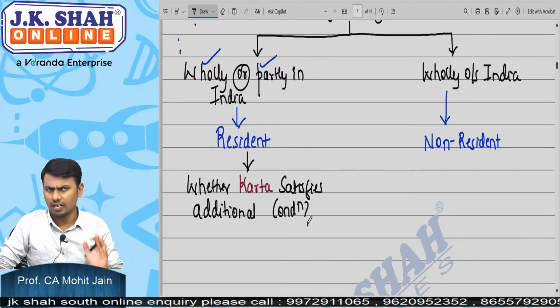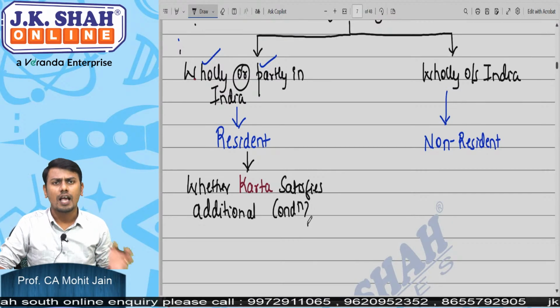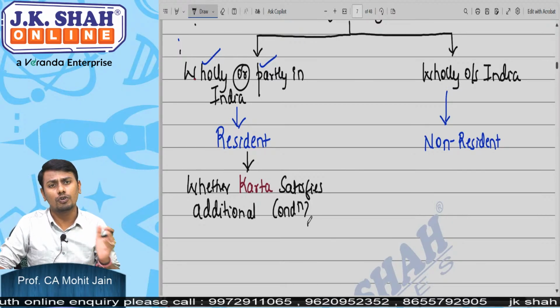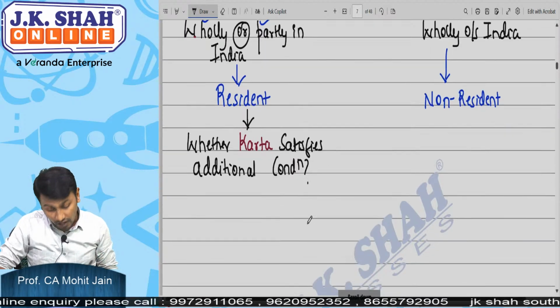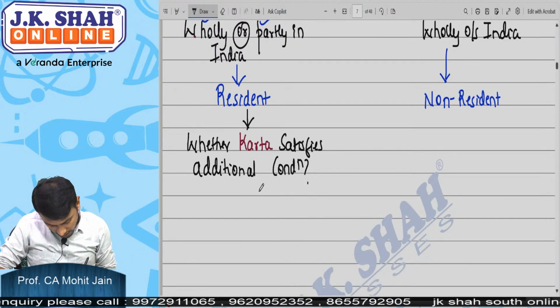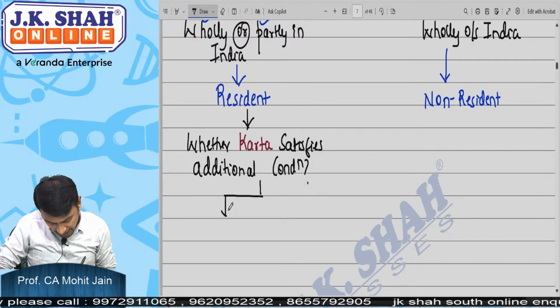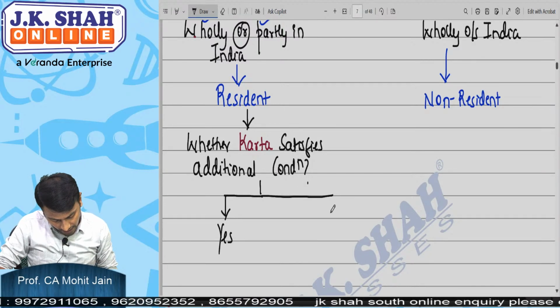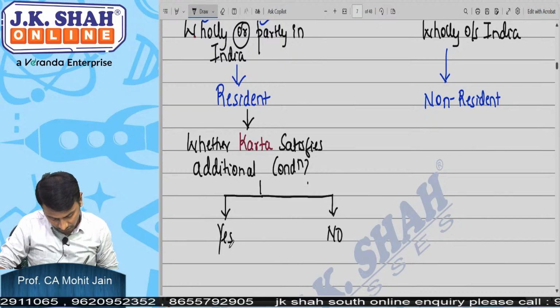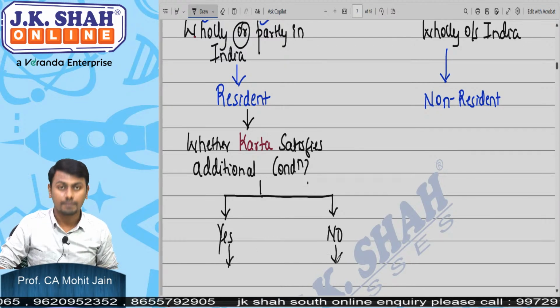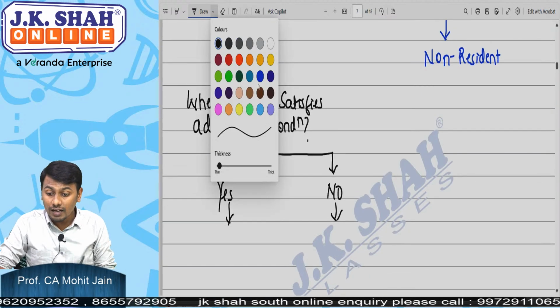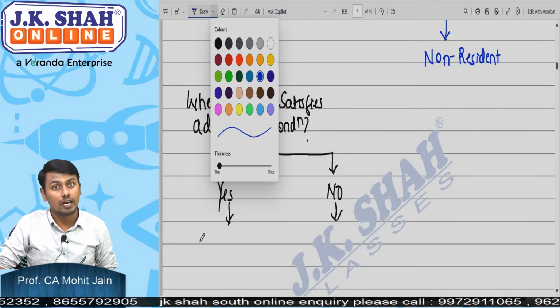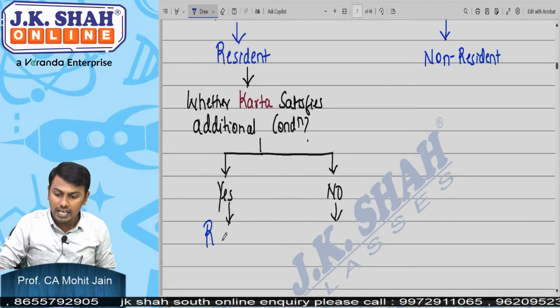Same additional condition, that is 7 PPY, 730 days, and in 2 out of 10 PPY we should be a resident. If Karta is satisfying the additional condition, or is the Karta not satisfying the additional condition?